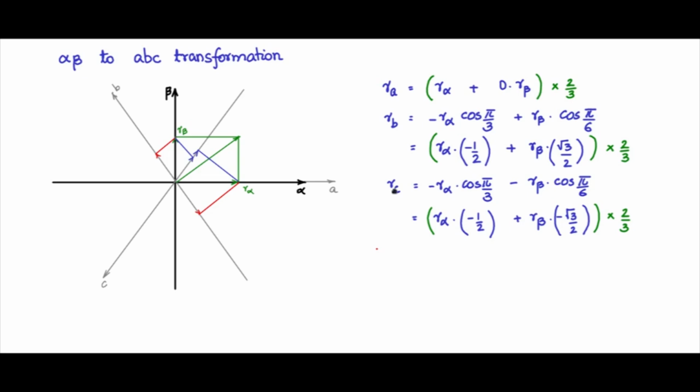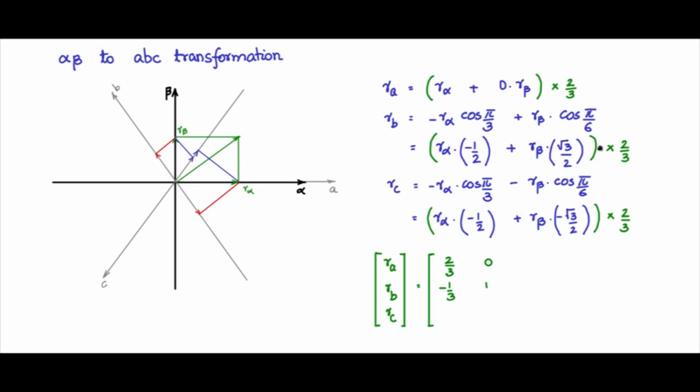So now when you put it into the matrix form, what I need is RA, RB, RC. And what is the transformation matrix? You can look at it. Now R alpha into 2 by 3, so I will put 2 by 3. R beta component 0. Now minus 1 by 2 into 2 by 3 will be minus 1 by 3.